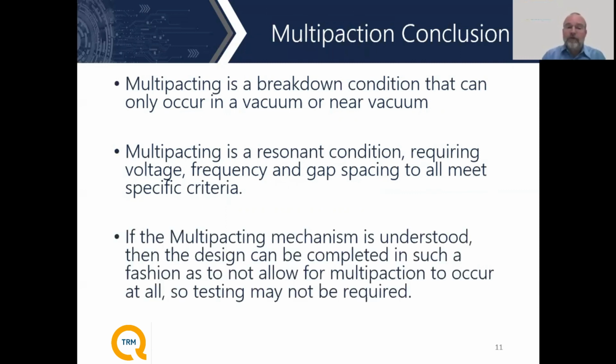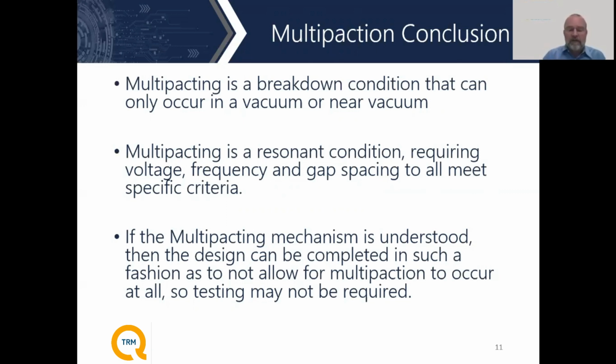Also, the fact that multipacting is a resonant condition means that the field has to reverse at the time that the electron gets to its destination, allowing this resonant, catastrophic cascading to happen. And I think what's important to mention here is that if you understand the multipacting effect, you can design parts so that the multipacting mechanism cannot happen.